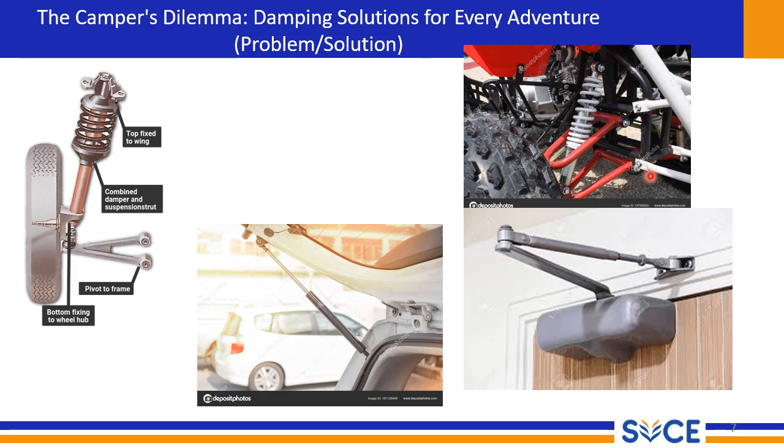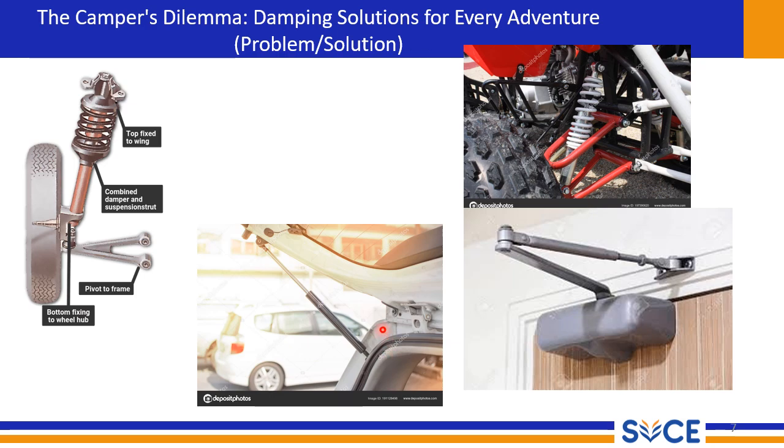But damping isn't just for extreme adventures. Even in more comfortable camping setups, it plays a vital role. Consider the struts on your RV's storage compartments or the hatch of your SUV. These gas struts, often overlooked, are a practical damping solution.